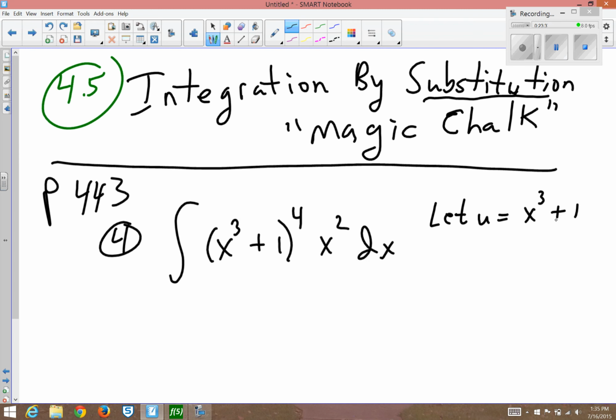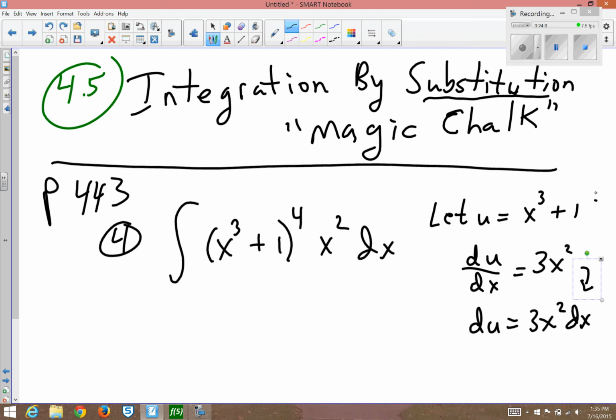How you know what to let u equal, we'll talk about that later. From u, we get the derivative of u with respect to x, which here would be 3x squared plus 0. So du equals 3x squared dx, because I multiplied both sides of this equation by dx to get that equation. So here's how integration by magic chalk works.